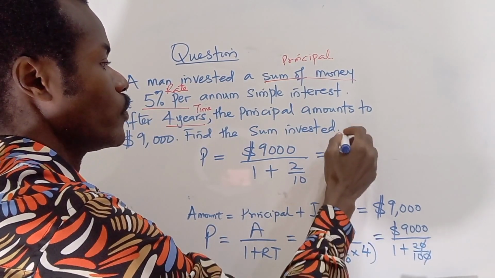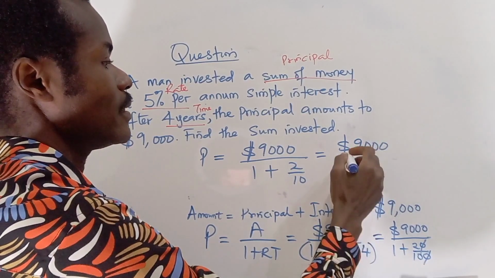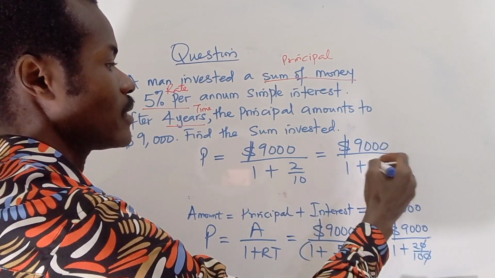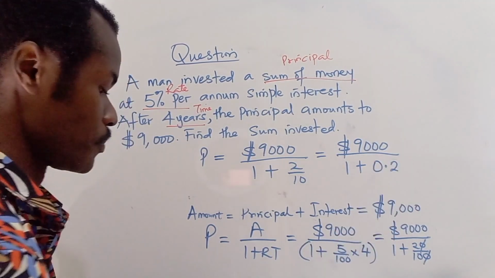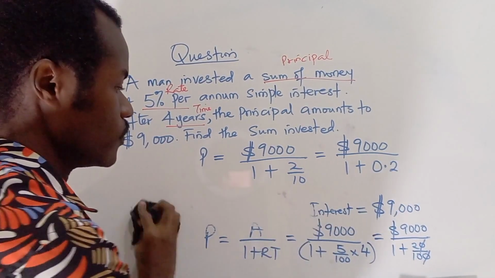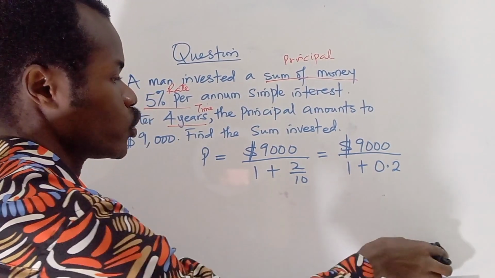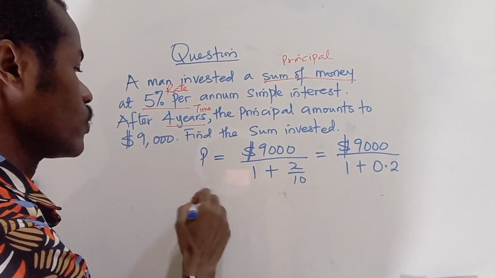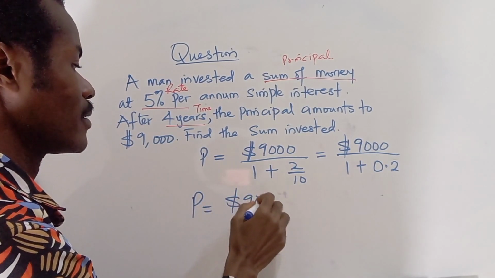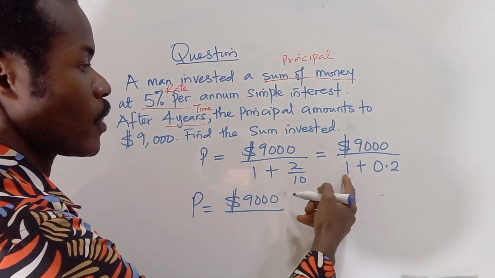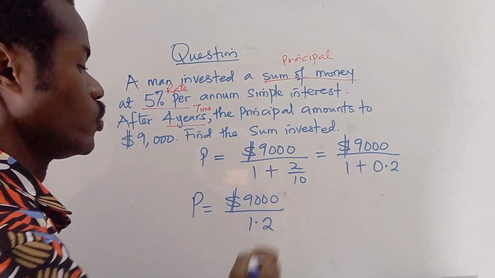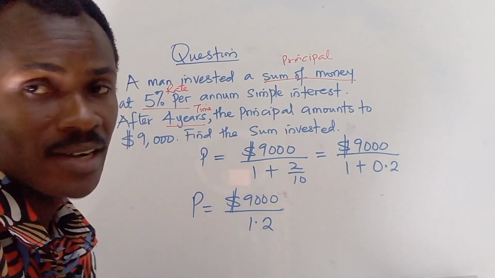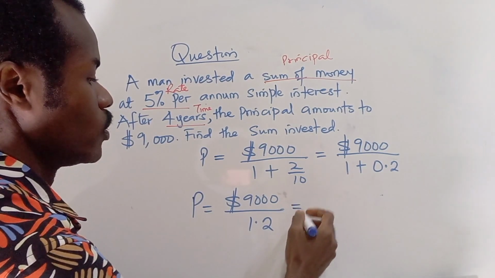This is also $9,000 divided by 1 plus, and we can put 2 over 10 in decimal as 0.2. Now we can add 1 plus this, which gives us $9,000 divided by 1.2. Now that we have 1.2, we are going to solve this to get our final answer.